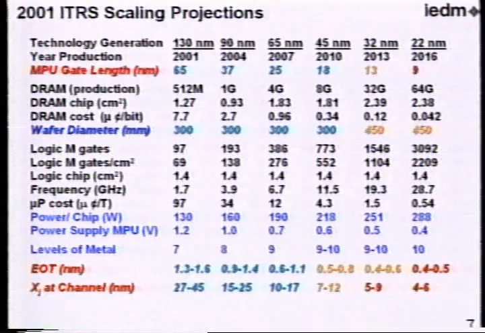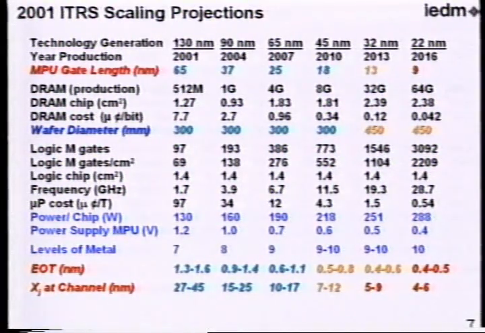So these are just a few of the high-level issues that we have to overcome, and those are what we'll be talking about today. If you look at the 2001 roadmap, the 2002 roadmap, as mentioned, has just been released last week.